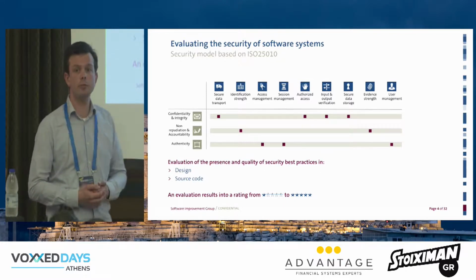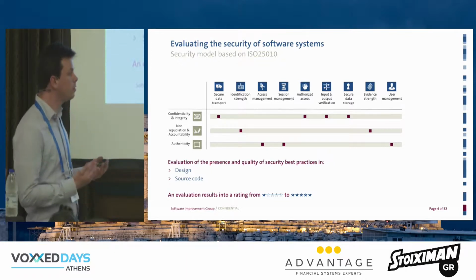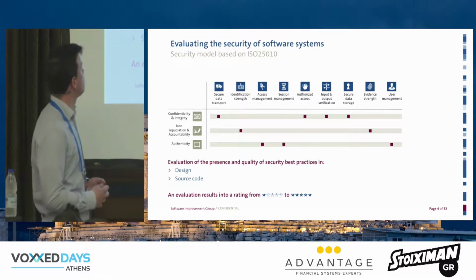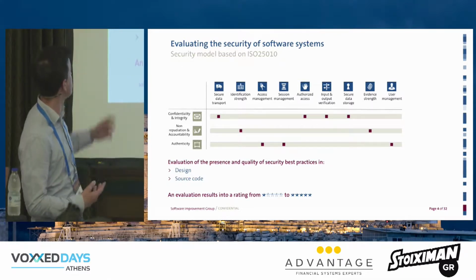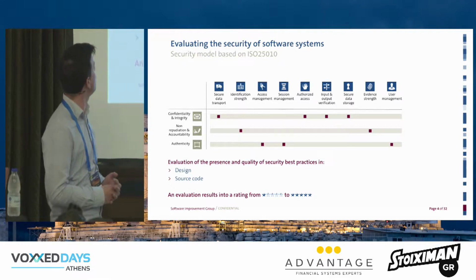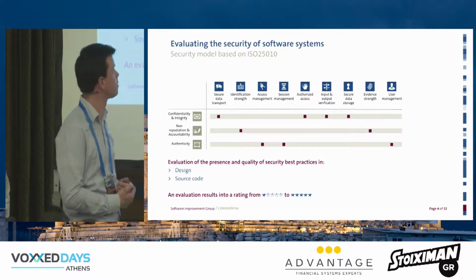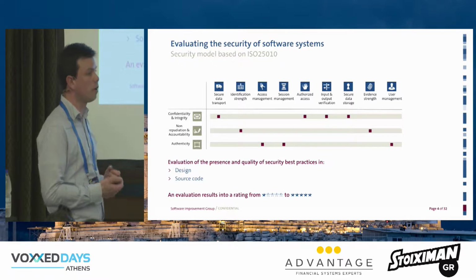For each of these quality aspects, SIG operationalized a model which we use to structurally analyze a software system. So confidentiality, unfortunately, it's a bit hard to read, and integrity, non-repudiation, accountability, and authenticity are parts of this ISO 25010 standard for security. But you can't directly evaluate them on code and design level.